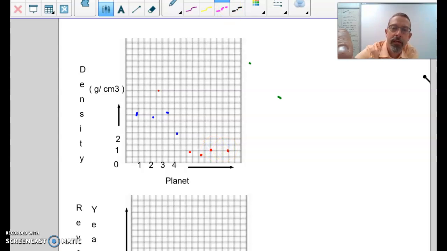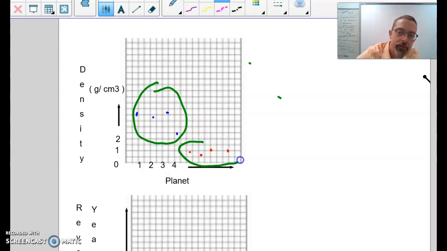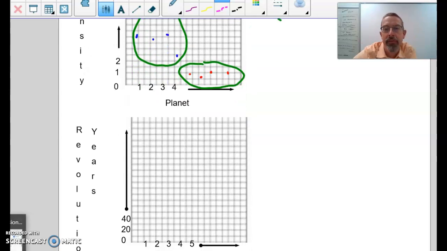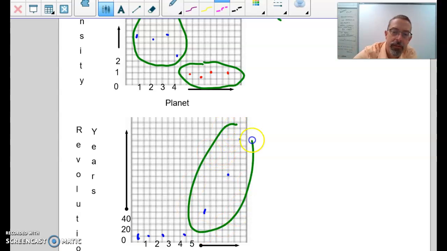So there ended up being two camps of planets, these inner planets and these outer planets. And when you started looking at things like the revolution, you'll notice that that started low down here based upon the planets, and then started going up like that. Again, there's a big difference between the outer planets and the inner planets.